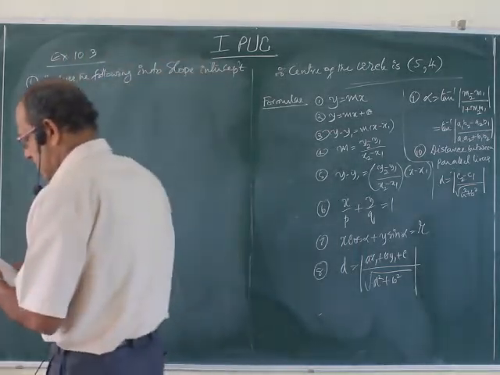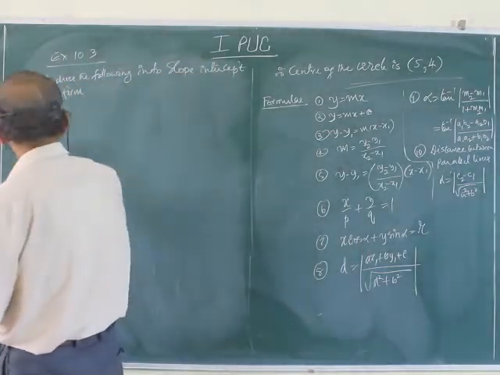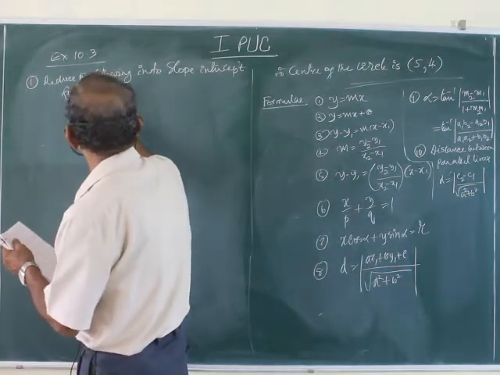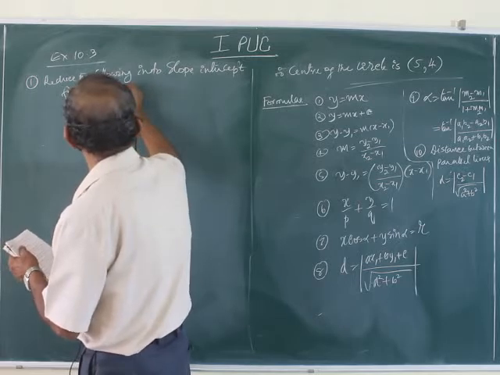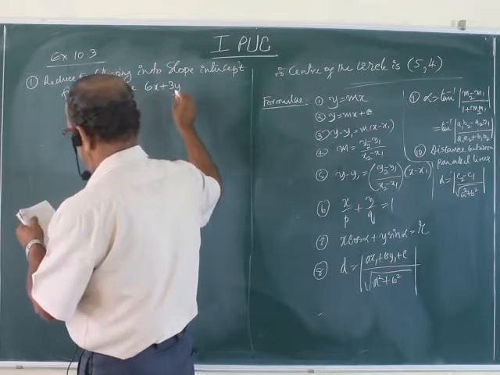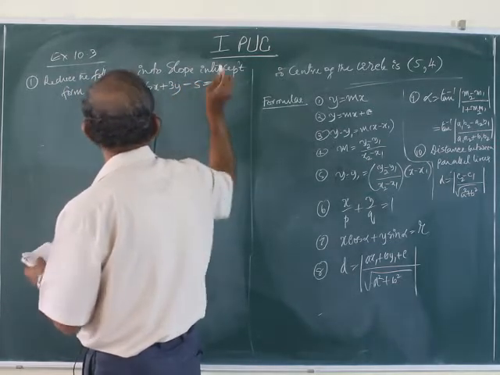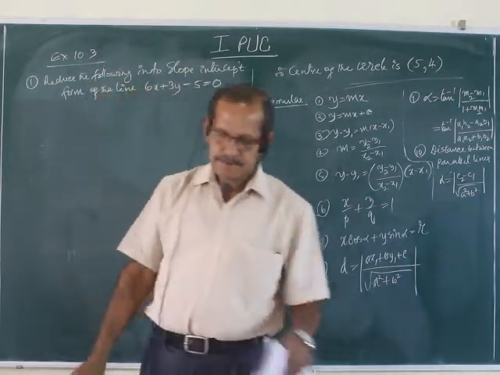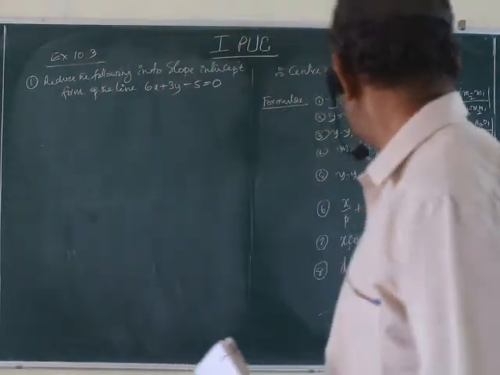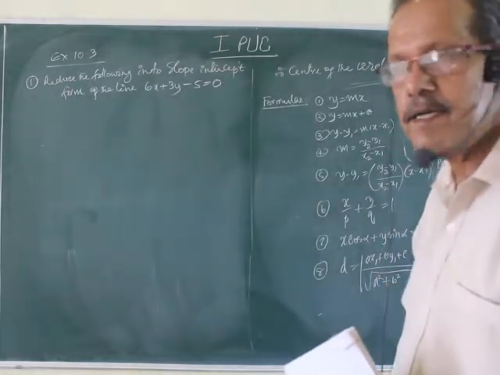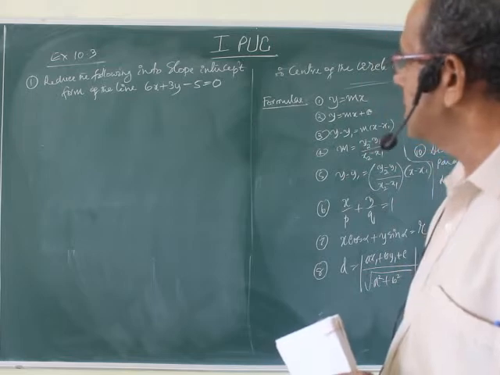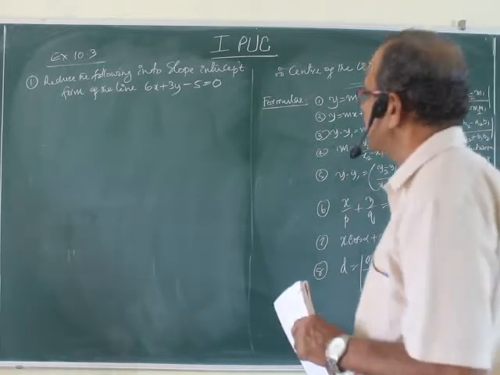Actually they have given the equation like this form. Reduce the following into slope intercept form of the line: 6x plus 3y minus 5 equal to 0. Now you may have to use any one of the formulas listed here in order to solve the problems in the exercise.